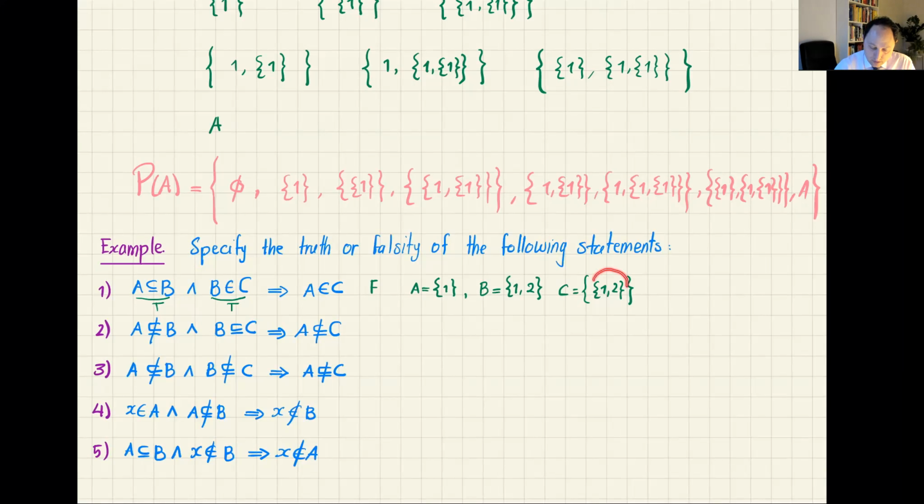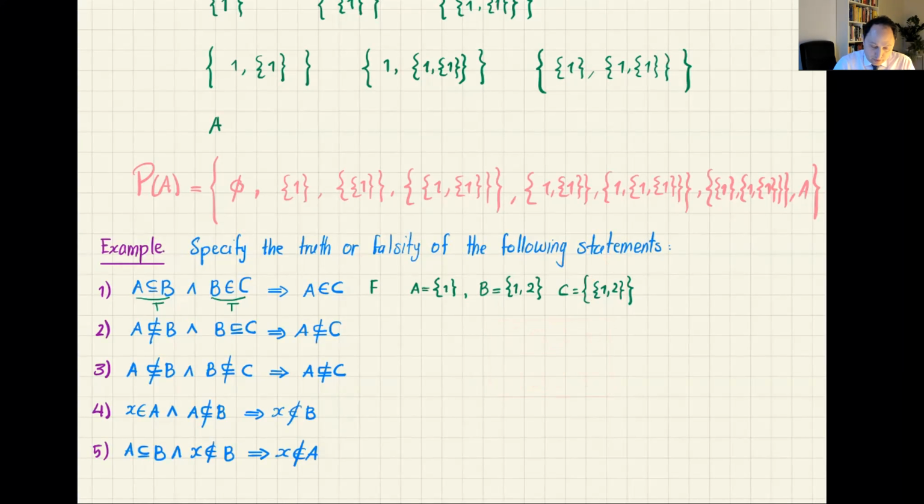This one is B, okay? Okay, so this is wrong, yes? I hope that you understand. This is false for these two examples, but B belongs to C is true, yes?